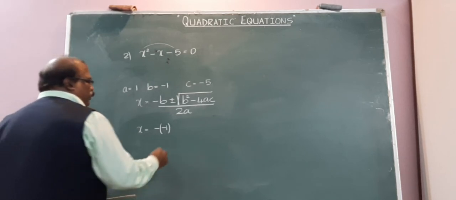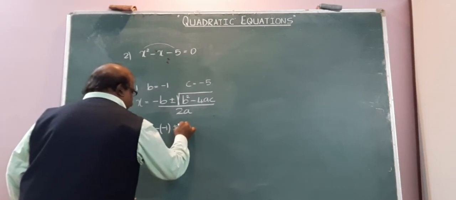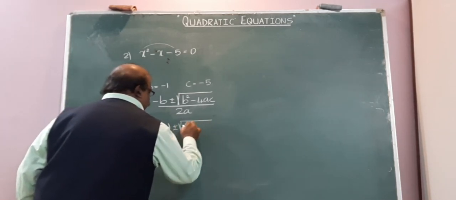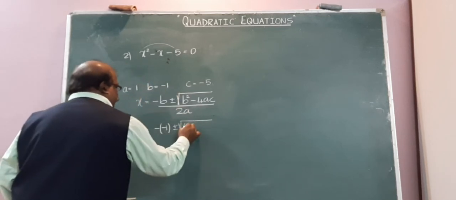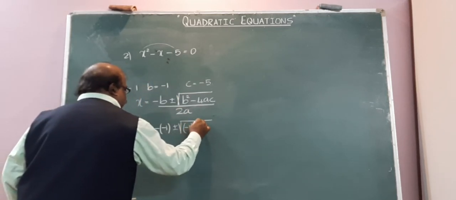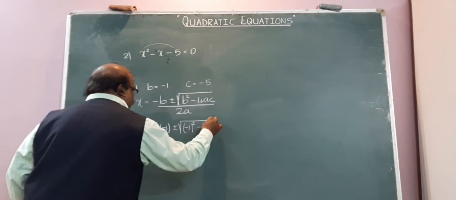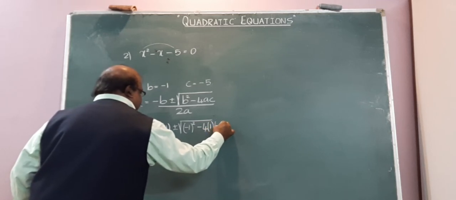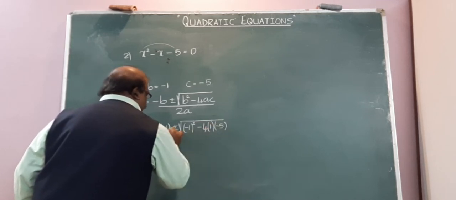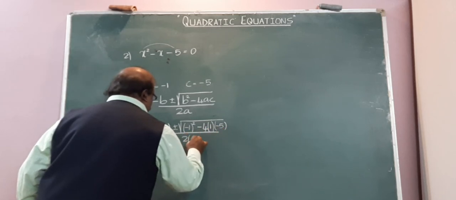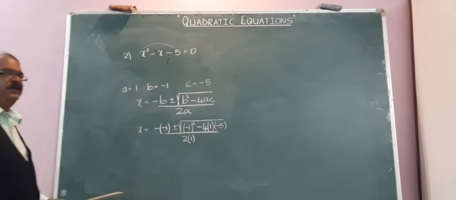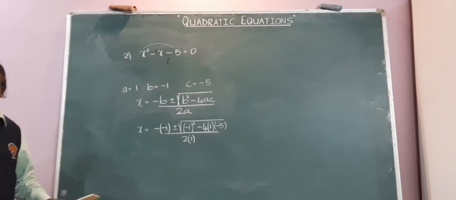Minus 1, plus or minus root b square minus 4ac upon 2a. I am just substituting the value of a, b and c.